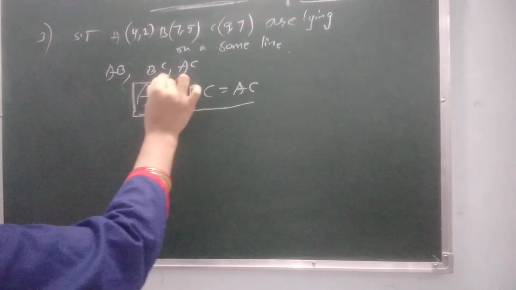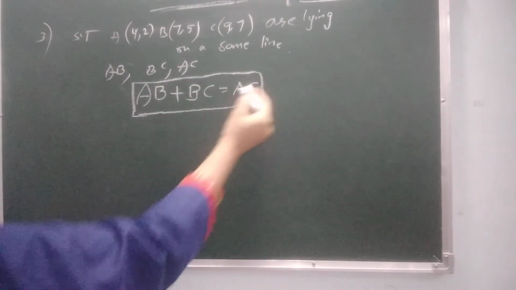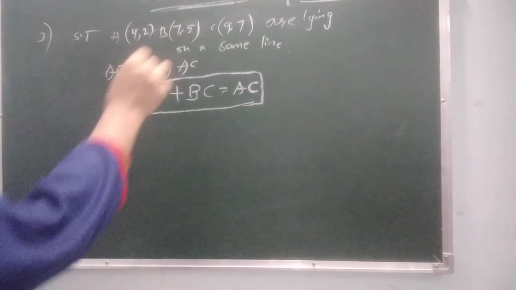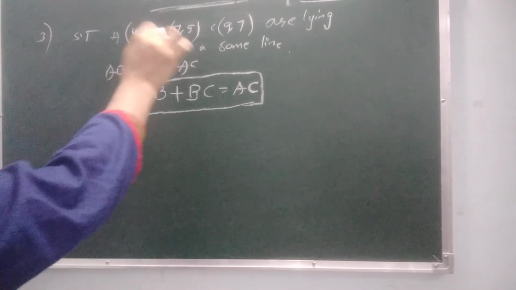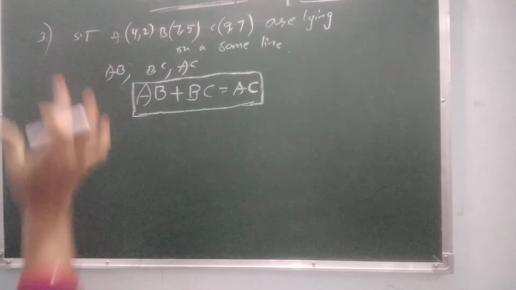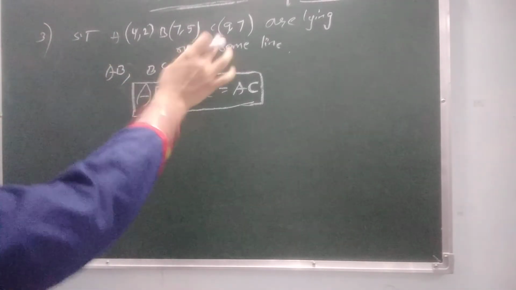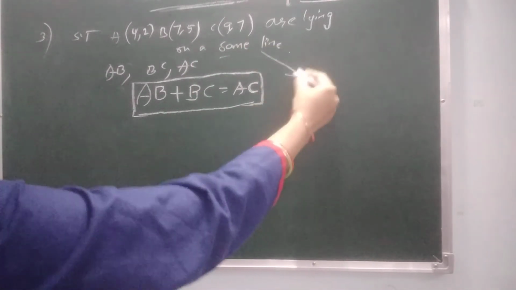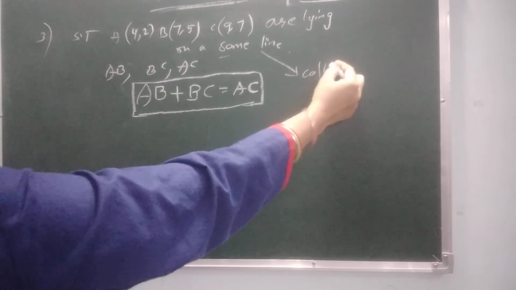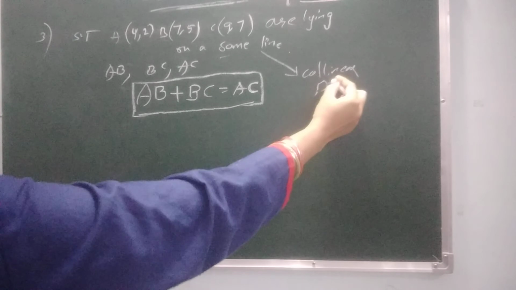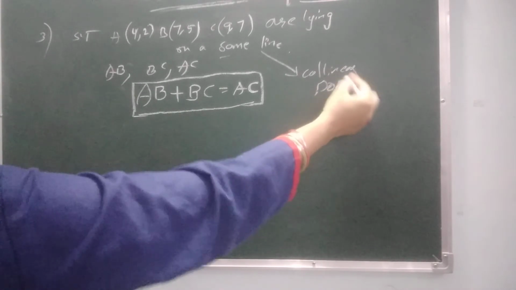If you prove this AB plus BC equal to AC, then this proves that A, B, C are lying on the same line. Tell me, the points that are lying on the same line are called which points? Exactly, the points that are lying on the same line are called collinear points.